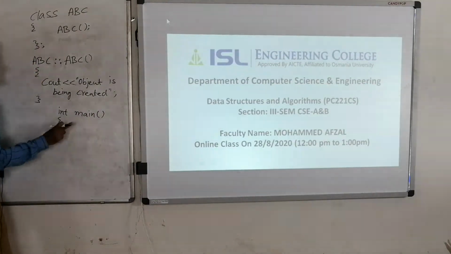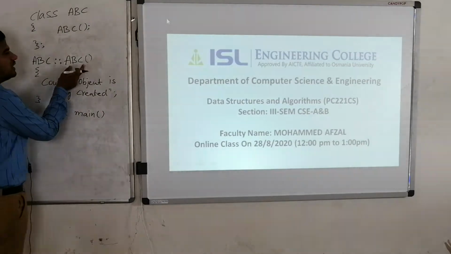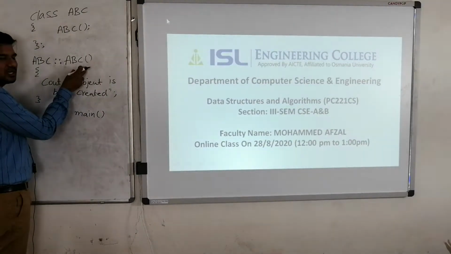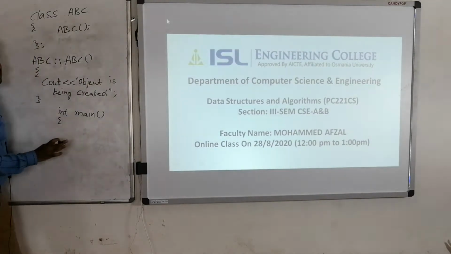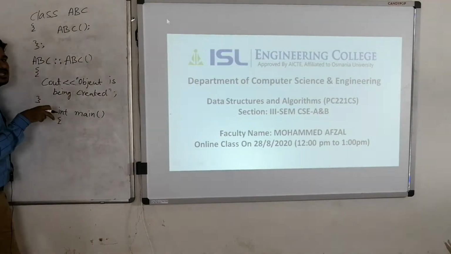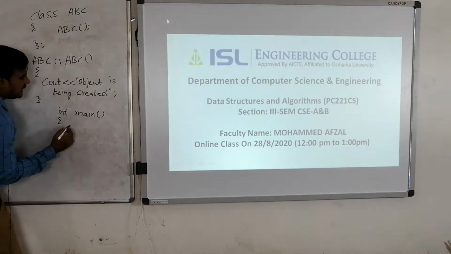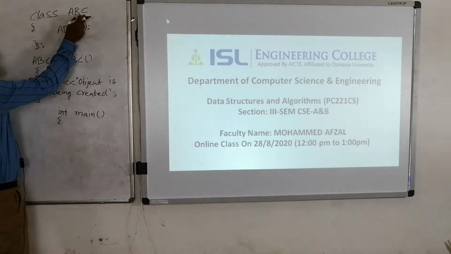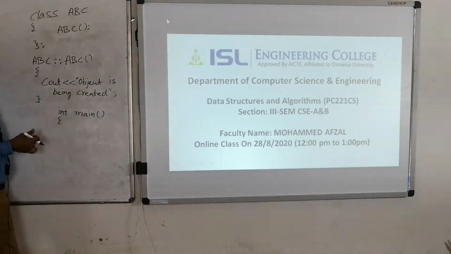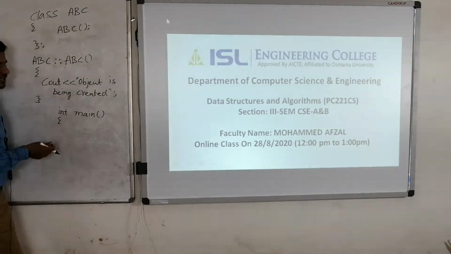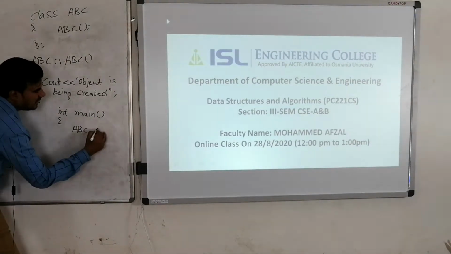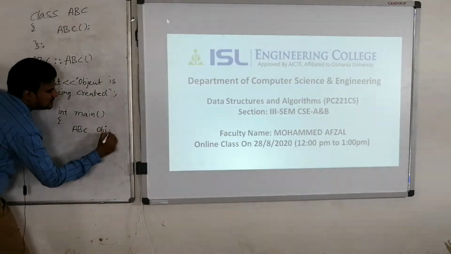So inside this main, how are we going to invoke this constructor? We don't need to specifically mention a constructor call. So simply what do we have to do? I have to create the object of this ABC class, and that itself invokes the constructor. So my class name is ABC, and I create the object OBJ.